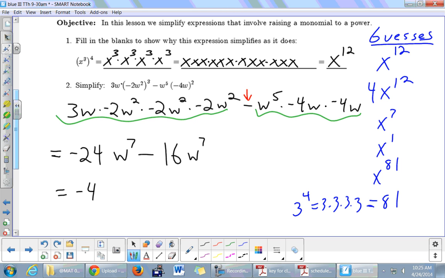Negative 40 is good. It's very easy to put the wrong power on the w. You had negative 24 apples and then minus 16 apples. So you have negative 40 what? Apples. W to the 7 doesn't change. Not w to the 14 or w to the 49. It's just apples. And all we were doing was counting them.